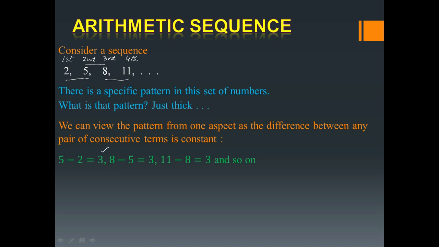In the second pair, we are subtracting 5 from 8, that is, the second term is subtracted from the third term, and we are getting 3. In the third pair, 8 and 11, we are subtracting 8 from 11 and we are getting 3.